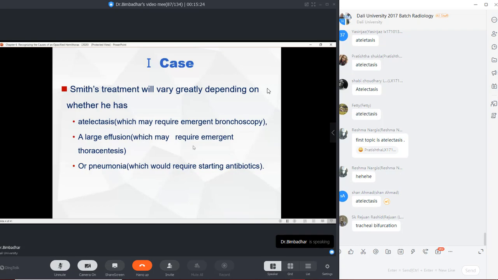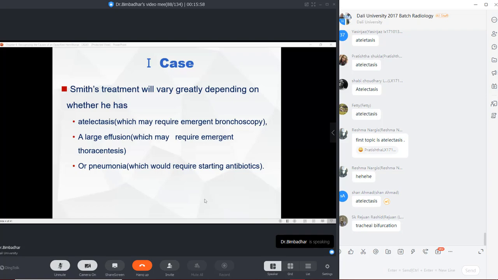Okay, so how will we do it? Unless I make the diagnosis, I cannot treat the patient. Now, if atelectasis is collapse of the lung, then maybe the patient will require decompression of the lung, so that wherever the compression has been made, it is brought back to normal inflation.